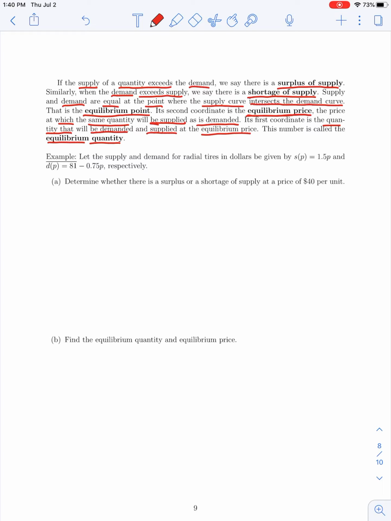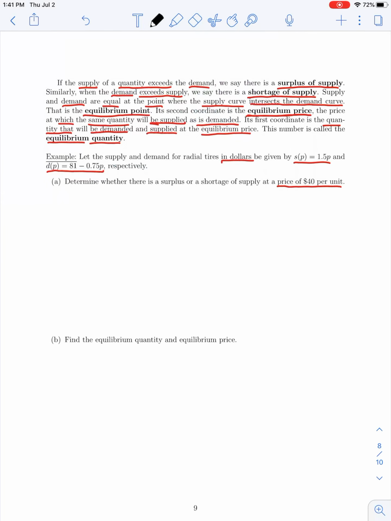So in our last example, we're told that we have supply and demand functions for radial tires in dollars, which are given by the supply function S of P and the demand function D of P, respectively. So we're asked first to determine whether there is a surplus or a shortage of supply at a price of $40 per unit.